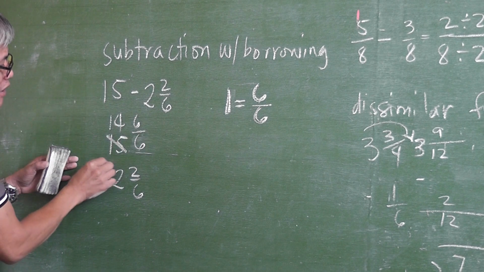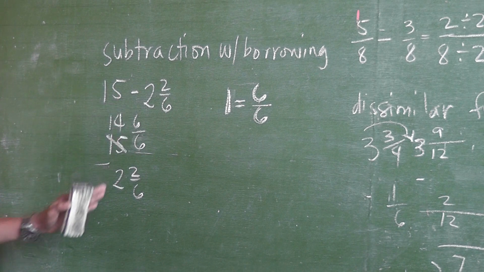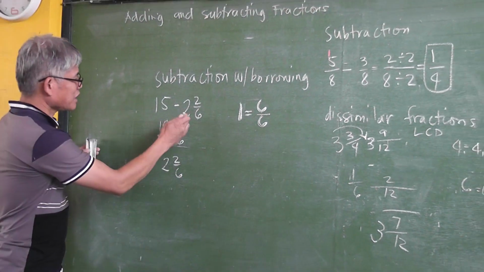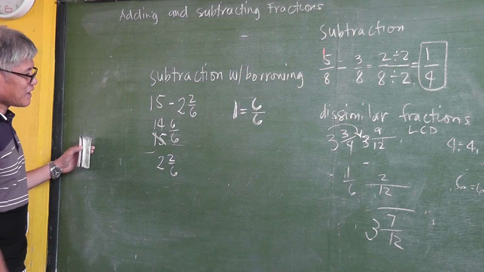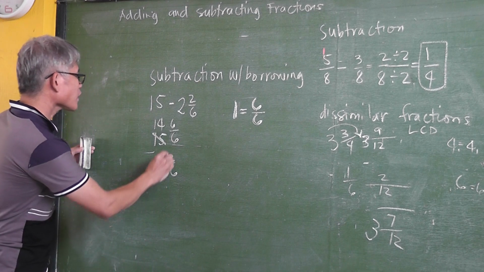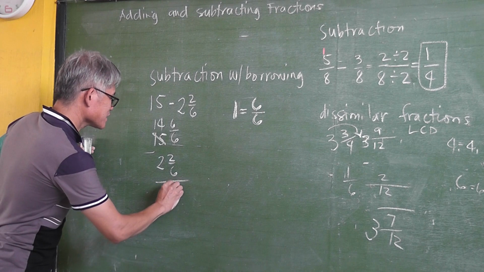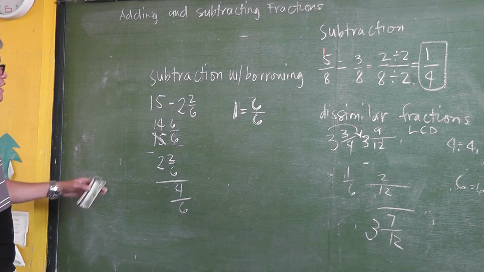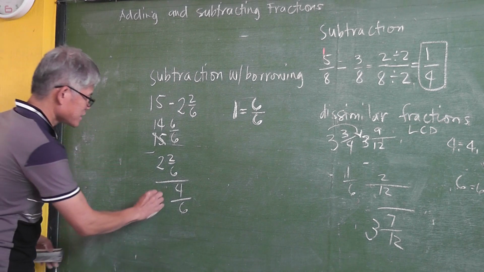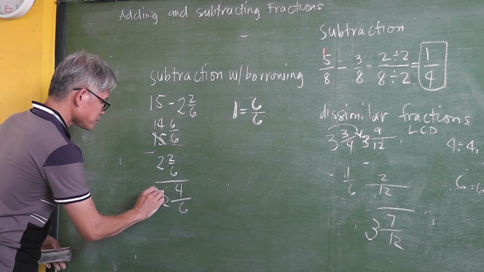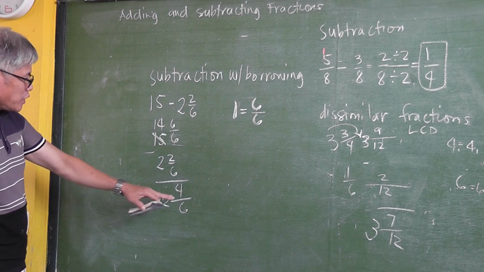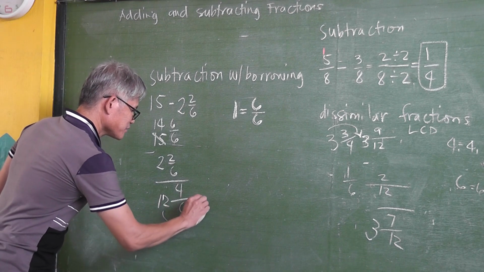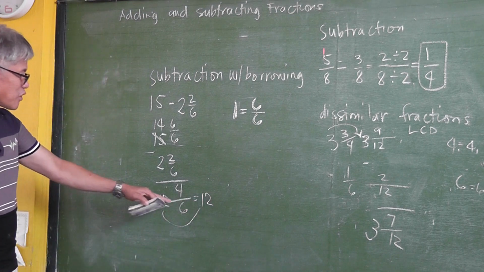But we cannot subtract it because it has no fraction, so we do it like this. Now we already have a fraction here, so we can subtract. 6 minus 2 is 4, right here, and then 14 minus 2 is 12. Still, we are going to change this to simplest form. We'll bring the 12 here because it's not included in our simplest form.